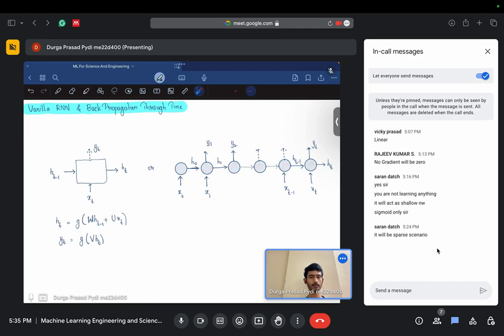This is a simple RNN, but now the problem that is also discussed here is if you try to apply backpropagation to this. Say you want to calculate the gradient of this particular weight at, say, the fifth layer. For the fifth layer you will have H5, and H5 is related to H4, and H4 is again related to H3, and so on.